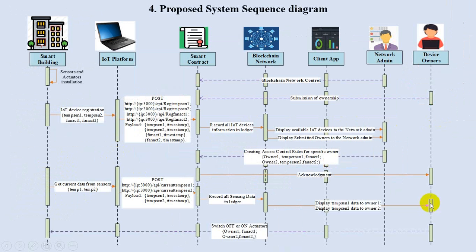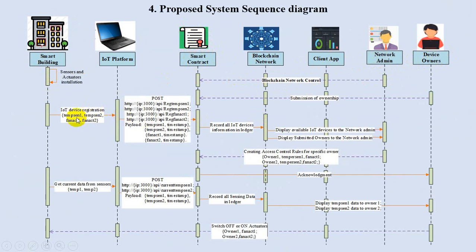In the next slide, we present our sequence diagram. As you can see, in a smart building, sensors and actuators are first installed for specific device owners, and the blockchain network admin can control the blockchain network through a client application, and all of the control rules are given as smart contract values.